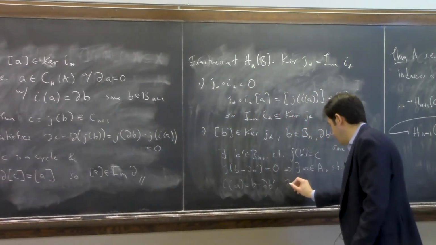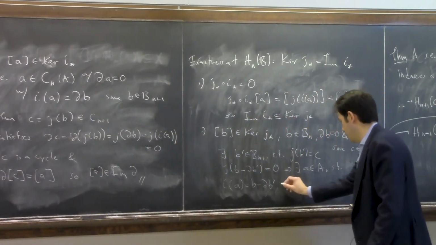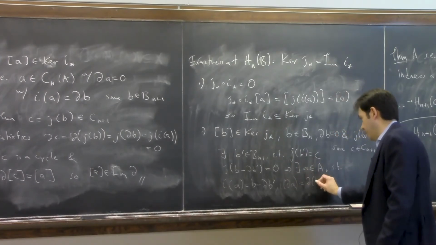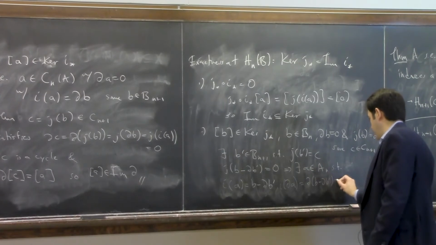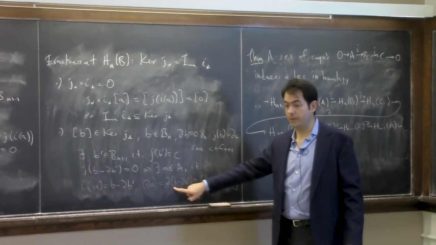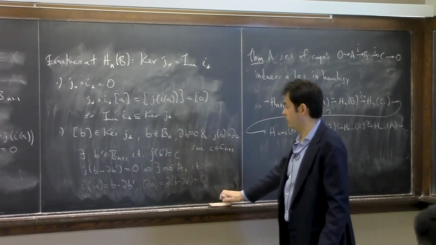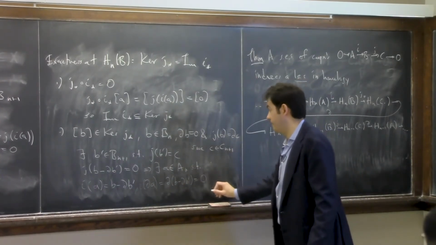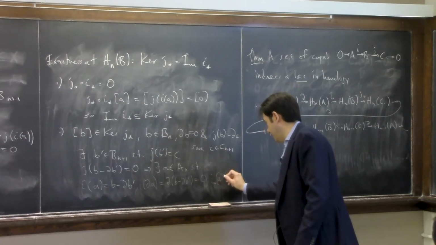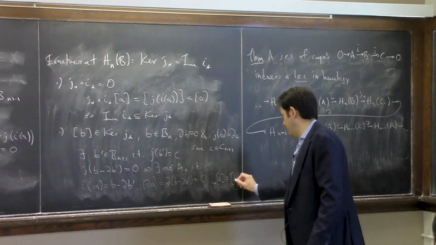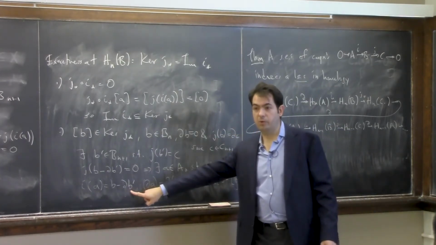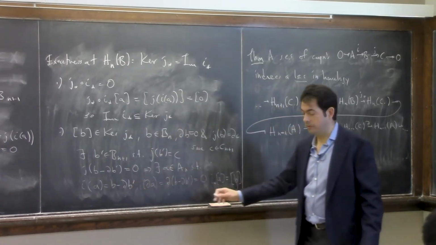A is a cycle because boundary of A, if you hit it with I, is equal to boundary of B minus boundary B prime, and that's equal to 0 because this is a boundary and this is a cycle. Right? So A defines a homology class, and I star of that is equal to the homology class of B, because it's the homology class of B minus the boundary of B prime, and the boundary doesn't change the homology class.